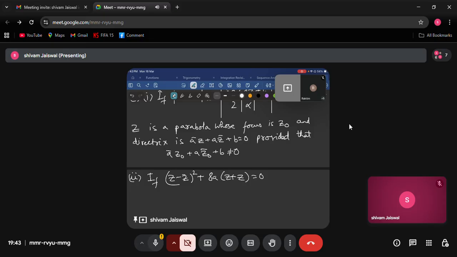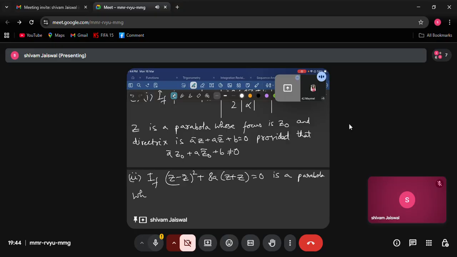Sir, is it a parabola? Yes, again a parabola. Z minus z bar by 2 is y square, so the equation is y square plus 4ax, the standard parabola. It's a parabola. And what is the focus?